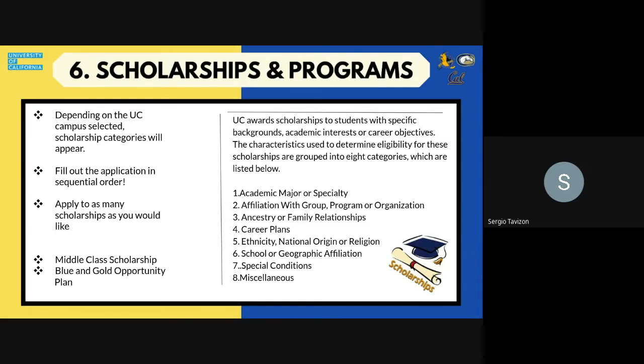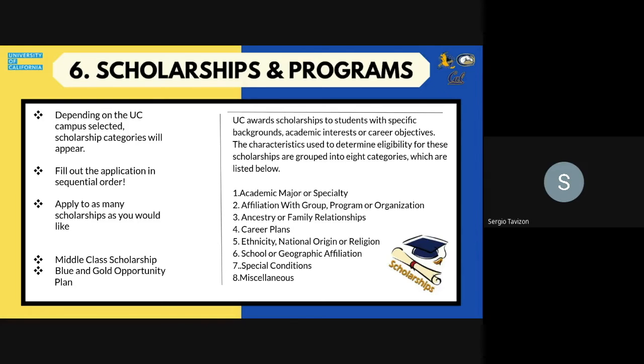Also, depending on the UC campus selected, scholarship categories will appear. Please fill out the application in sequential order. Apply to as many scholarships, like I said, as you would like, okay? The UC awards scholarships to students, just like I told you on the different characteristics.